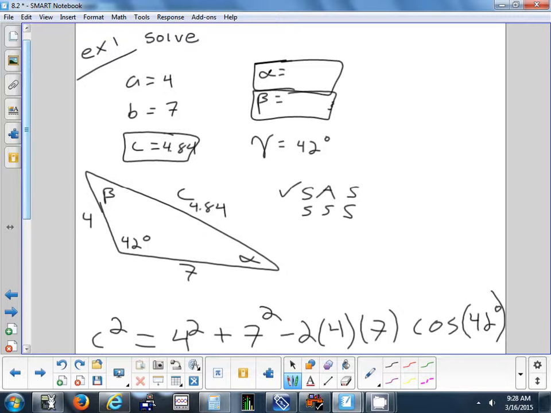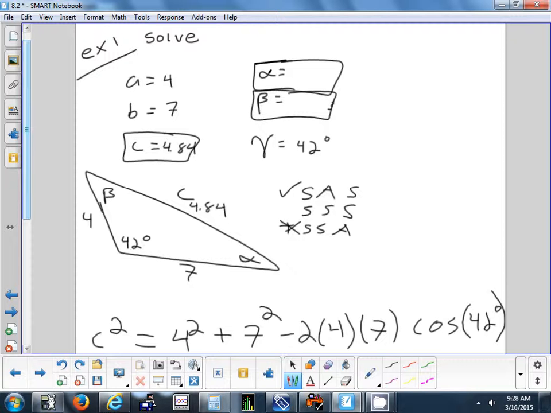Yeah, you could look at it as a side, side angle, which would be a law of sines problem. The problem with that, what can happen in the side, side angle case? You can have 0, 1, or 2 answers. Right. You got to deal with all that 0, 1, or 2 answer case.